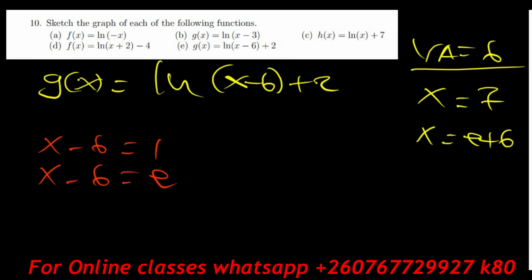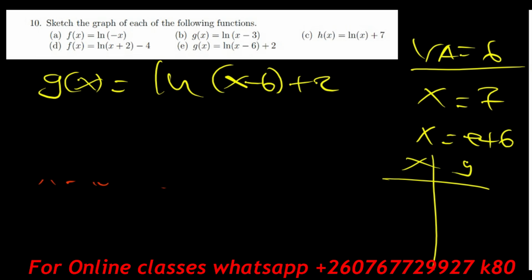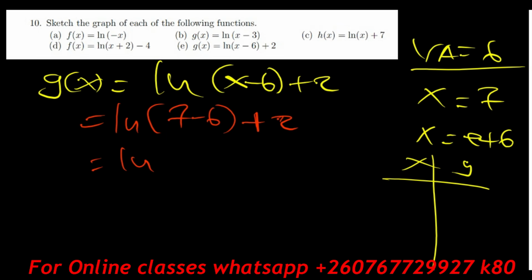Okay, so I have x, y. Let's see. If x is 7, what would be the value of y? Okay, so we have ln of 7 minus 6, plus 2. So 7 minus 6 is 1, plus 2. So we have ln 1, regardless of any base, this is definitely 0. Plus 2, that is going to give us 2. So if x is 7, the y value has to be 2. It's going to be 0 plus 2. Next, I have to put e plus 6.